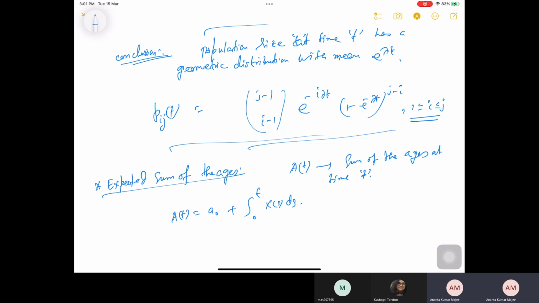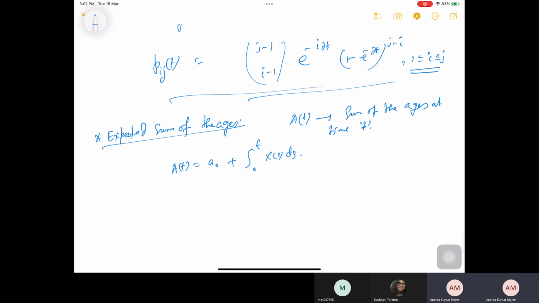So A0 is the age at t equal to 0 of the initial individual. Is it not? Now I want to find the expected sum of the ages at time t.